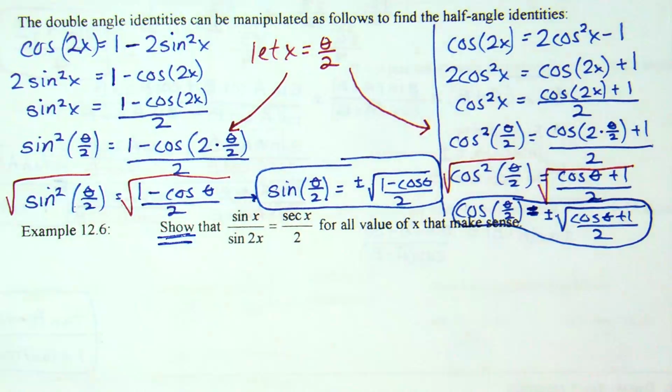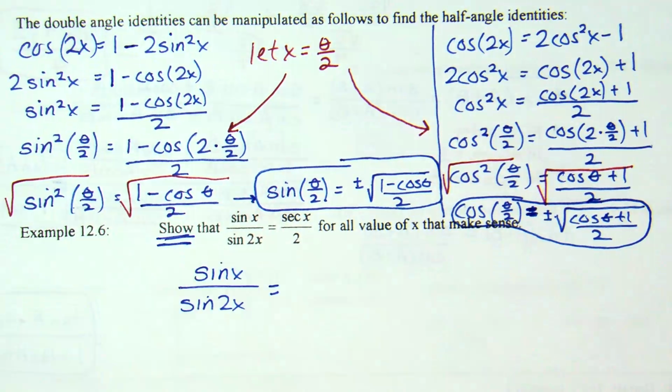So we want to prove that the left side equals the right side, which means I'm going to start with the left side, sine x over sine 2x, and we're going to work to manipulate it until we end up with that right side. So my goal at the end is to have secant x over 2.